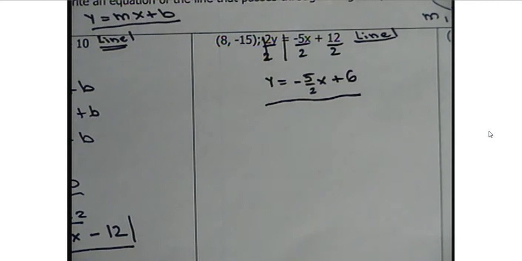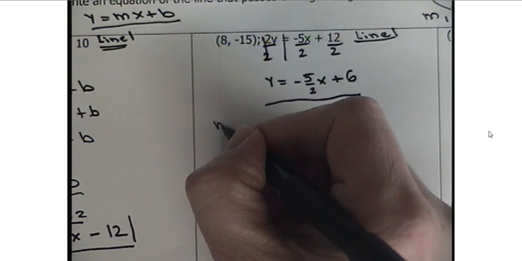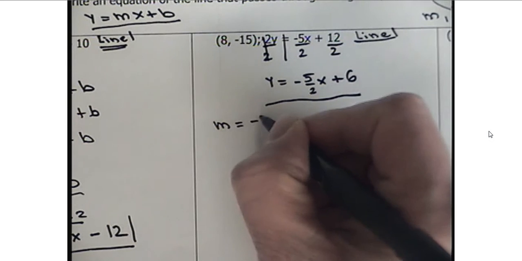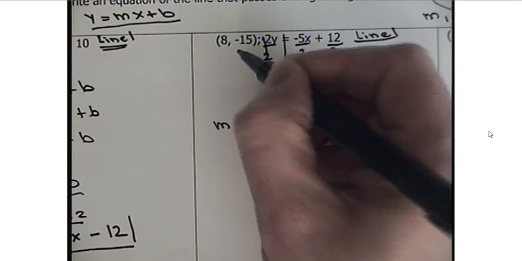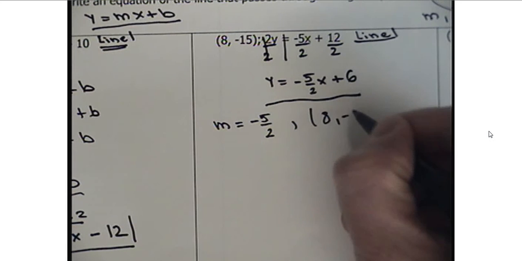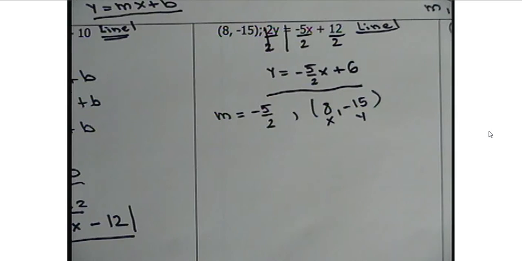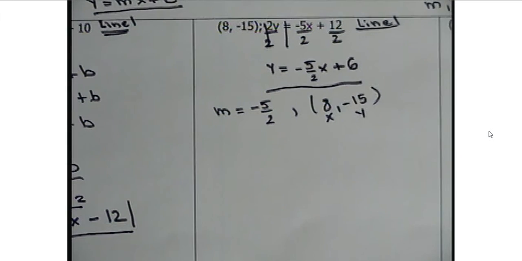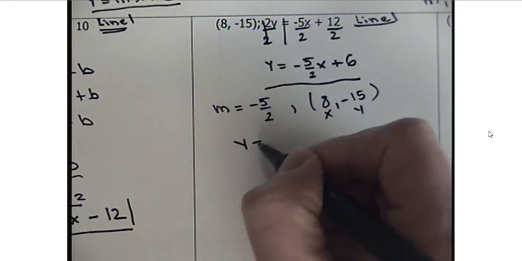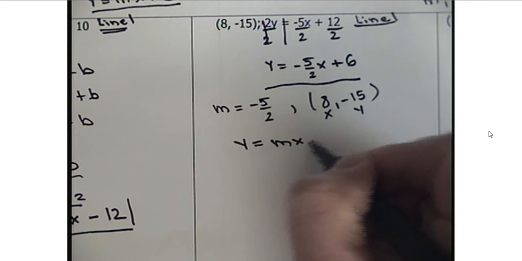It's in good form, it's in slope-intercept form, so then we can go ahead and write down the slope. So the slope will be negative 5 over 2, and we're going to use this point 8 and negative 15. Those are your x and y's. And we're going to use these numbers to substitute in y equals mx plus b form.